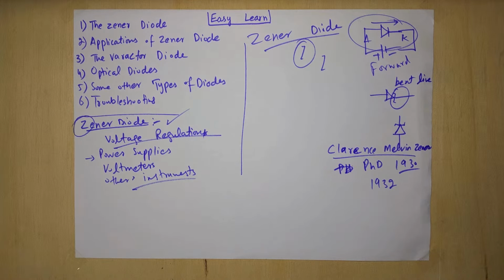The diode is not named after Zener for that, because he didn't do anything in 1932.